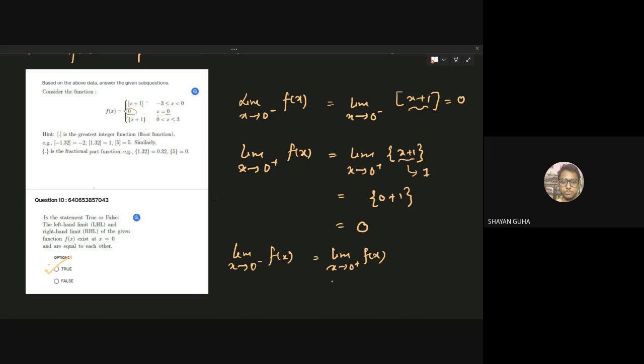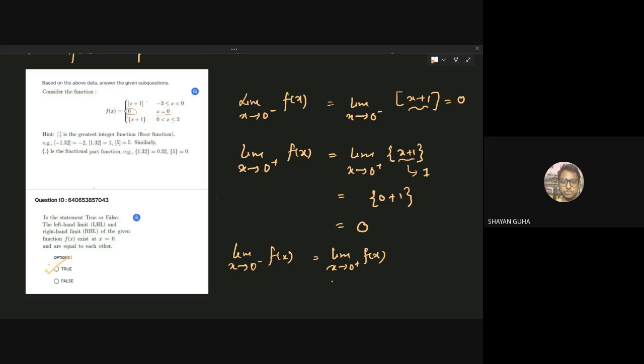If the range is given as infinity, then it wouldn't be true. For example, if a point has an infinite discontinuity, let's say 1 by x. If I take the function 1 by x, we can clearly see that 1 by x has an infinite discontinuity. No matter which way you approach, from the left hand side or right hand side, the value of 1 by x will tend to infinity.